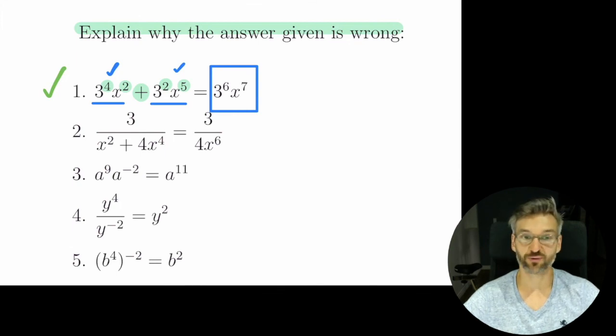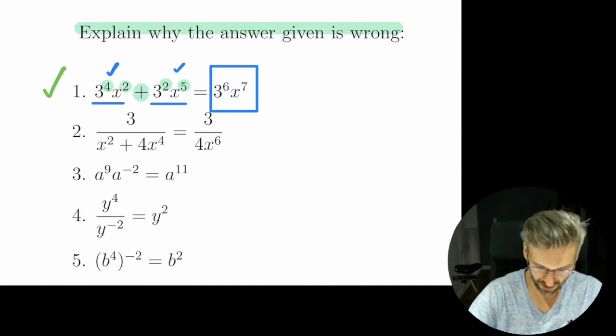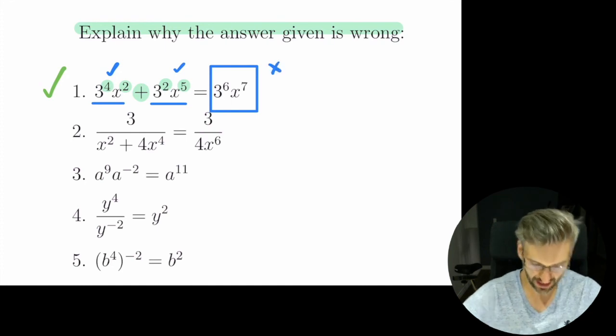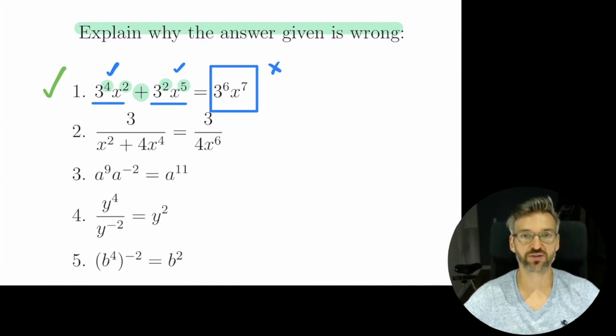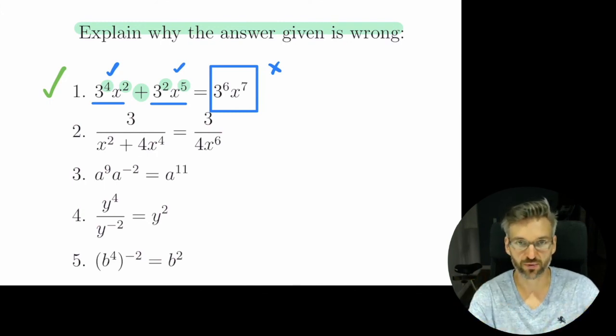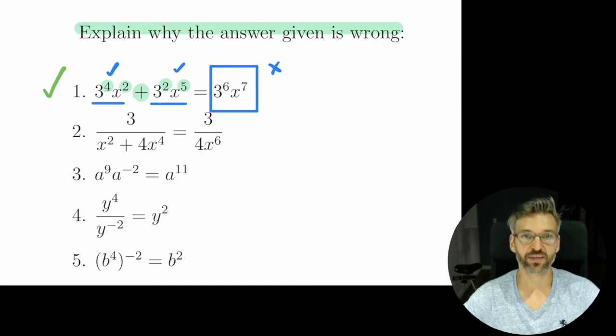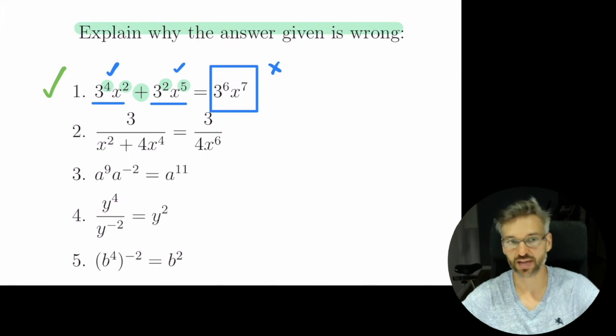That would work if there was no addition sign there, but it does not work once there is an addition sign. So this answer is actually wrong. It's a common mistake made by students. So be careful as you're applying your exponent laws. The exponents only add if you are multiplying with the same base. Because we have 2 separate terms, you cannot go across and just add them up.